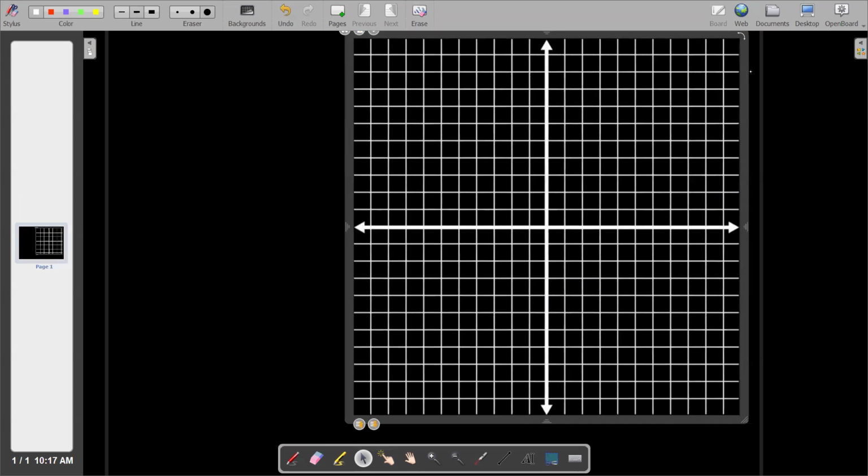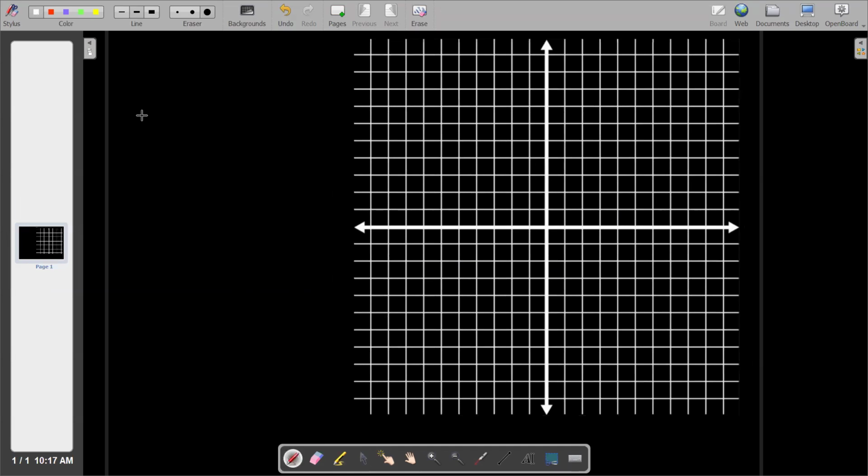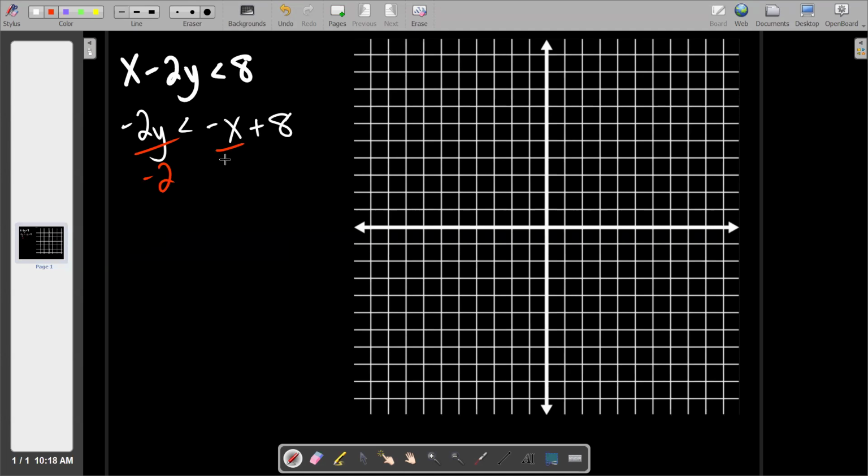All right, so our first math problem was x minus 2y. What are we going to do with this? Yeah, let's move that x to the other side. So we're left with negative 2y is less than what? Negative x plus 8. Right? I don't want to put those together or something silly like that. And then we divide by negative 2, because of course we're not done yet.